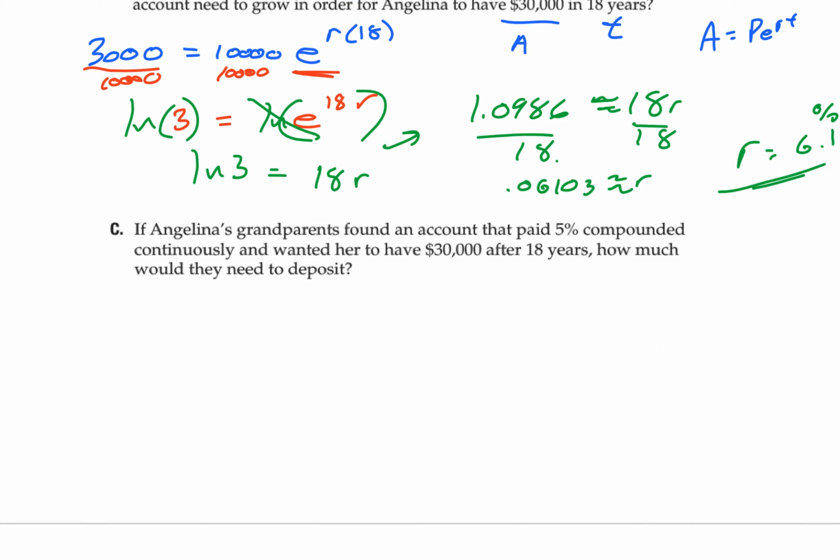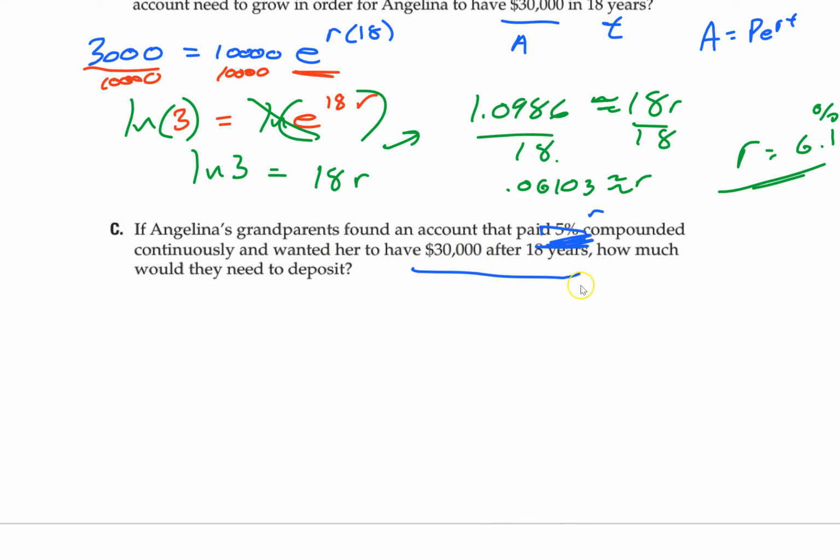And the final question: if Angeline's grandparents found an account that paid 5% interest, not bad, compounded continuously, and they want her to have 30 grand after 18 years, how much would they need to deposit? So very similar to before, right? Now they found something that has 5% interest. They want her to have 30 grand when she turns 18.